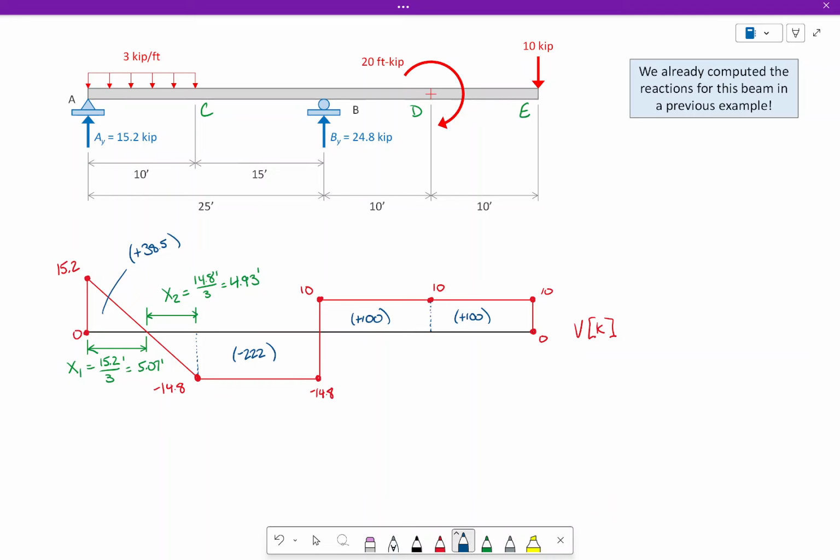And we'll call this one what? Negative 36.5. Okay.